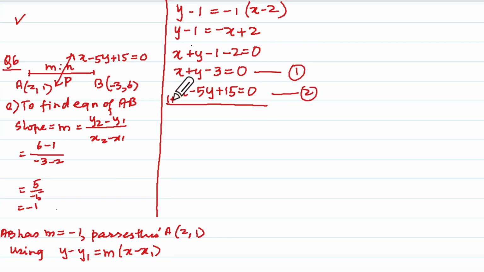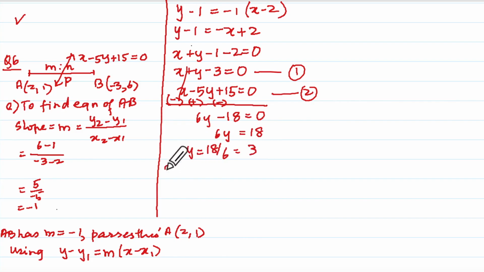But even if I change the signs here like this, I think I shouldn't have a problem. I'll have 6y and here it will be minus 18 equal to 0. See, not a problem, right? So 6y equal to 18 and y will be equal to 18 upon 6 means 3.